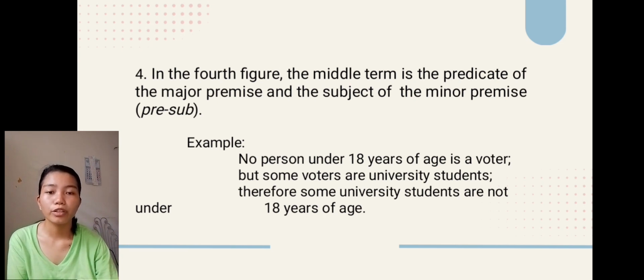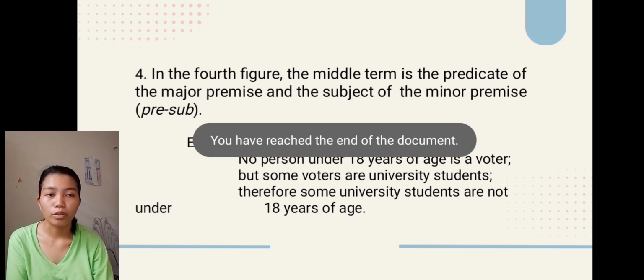So in fourth figure, the example is: no person under 18 years of age is a voter. But some voters are university students. Therefore, some university students are not under 18 years of age. So, in this example, the middle term is voters.